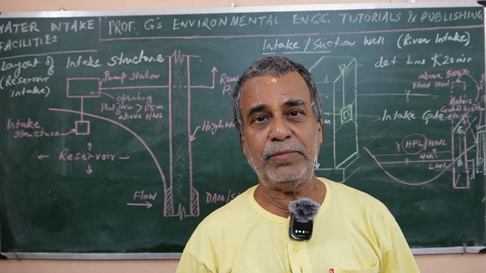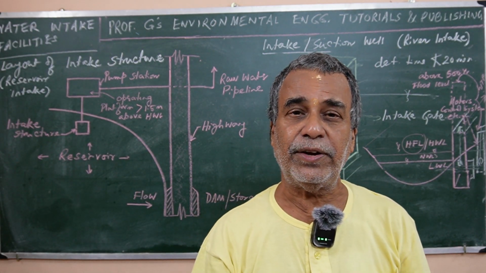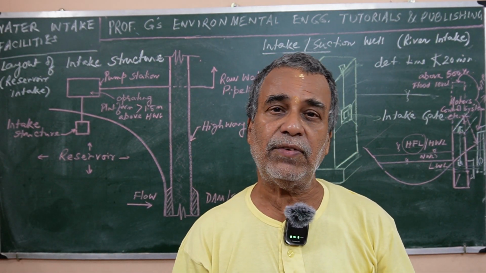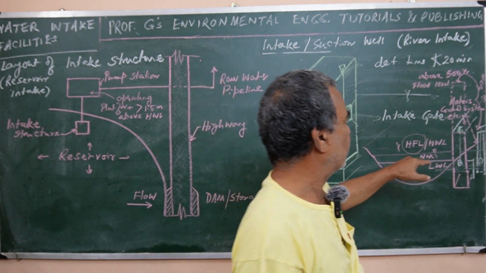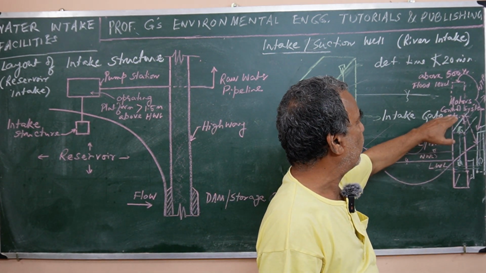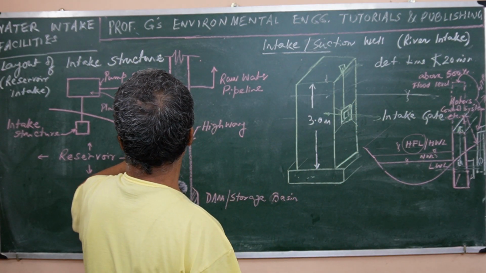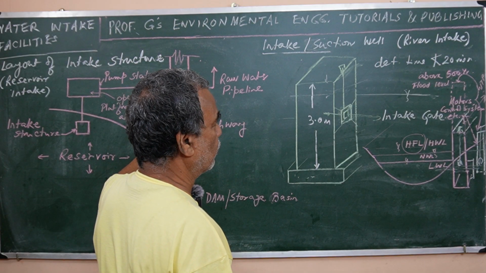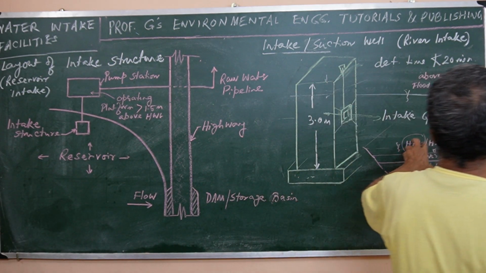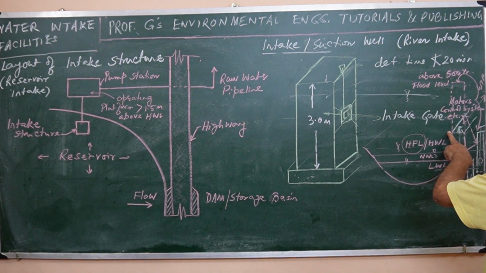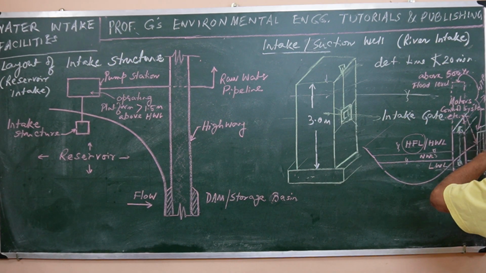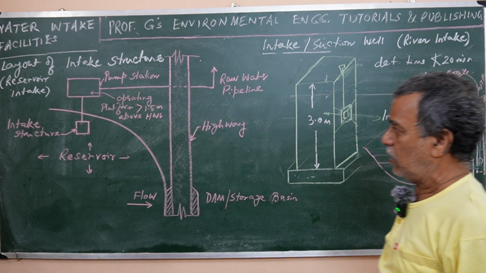The reservoir is regulated, where you can regulate the water level, but the highest water level in the reservoir is considered the highest level over which, as I have shown here, 1.5 meter above HWL, the highest water level. Here also, at least 1.5 meter above the highest flood level should be considered for constructing the platform from which the operation is done.